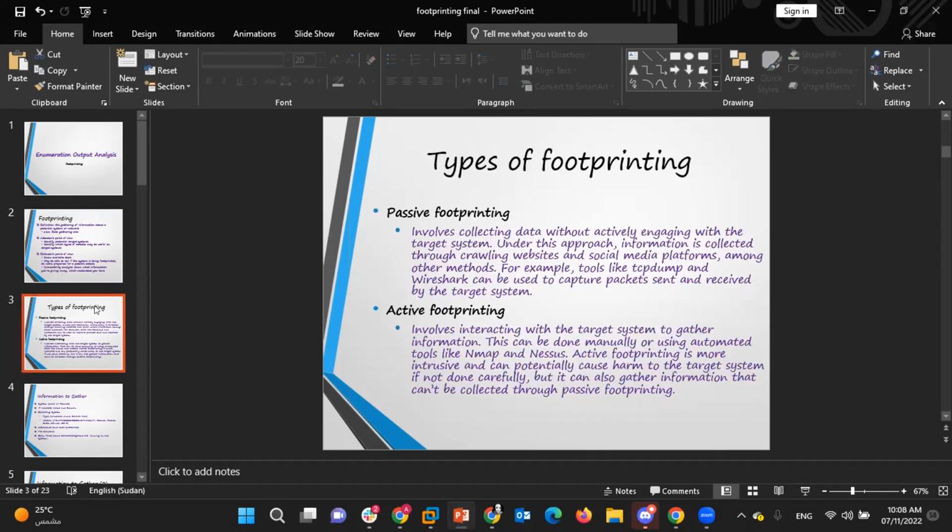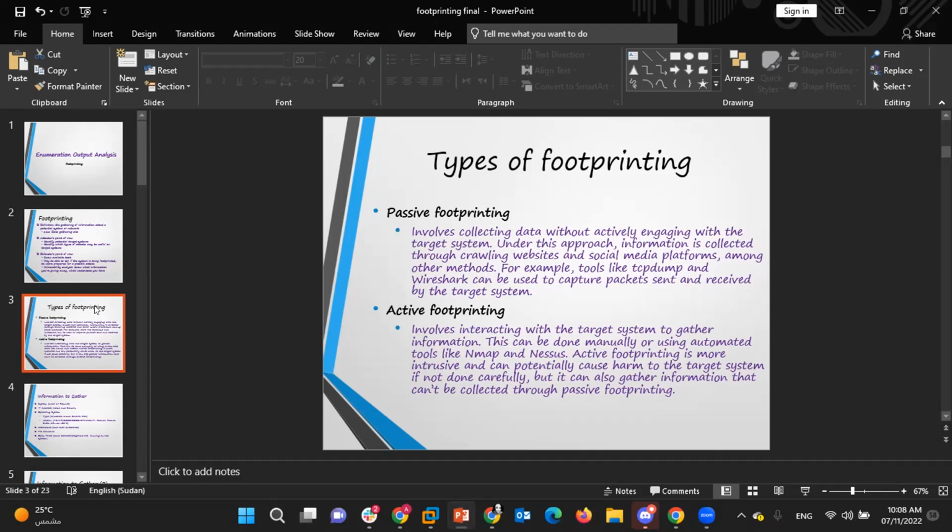To collect this data, the attacker can go through two types of footprinting, or data gathering scanning. All of these are the same. He can go by passive footprinting or active footprinting.